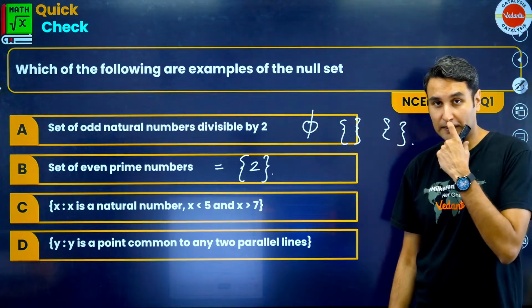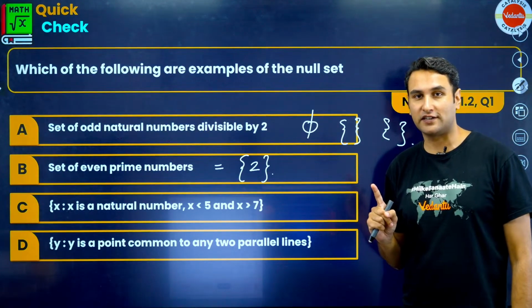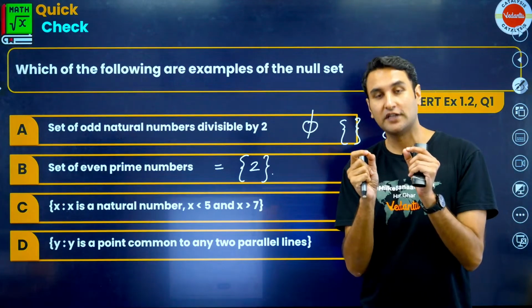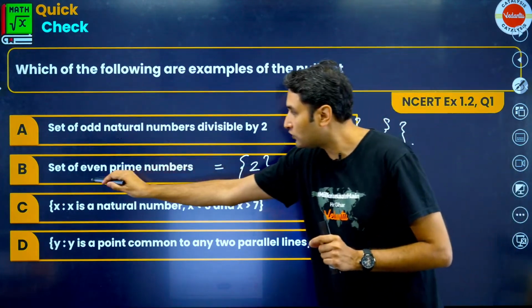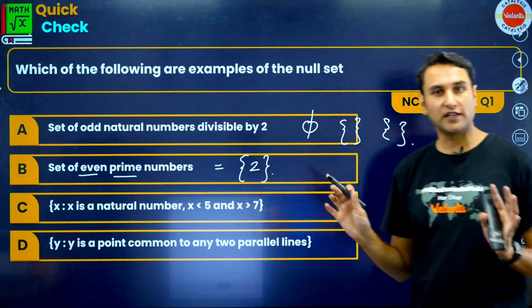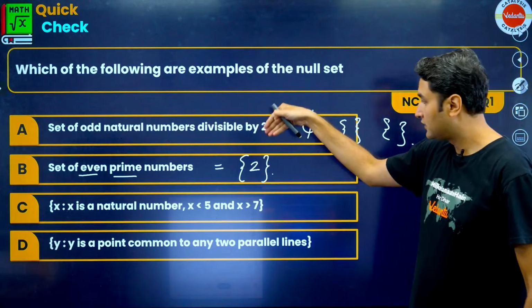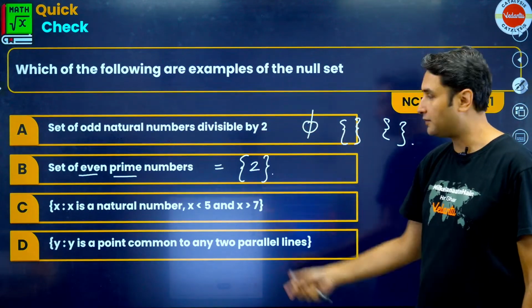So this is definitely not phi. This is not a null set because there is one prime number, 2, which is also even. So it is not a null set. The roster form of that is the element 2 inside the curly brackets.